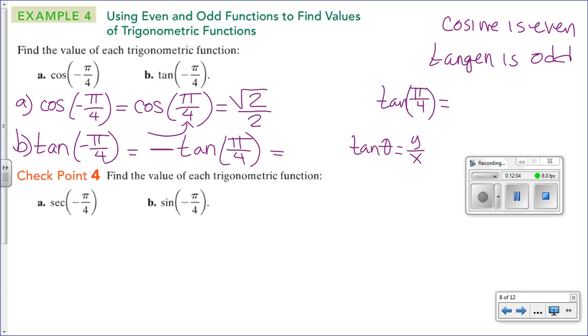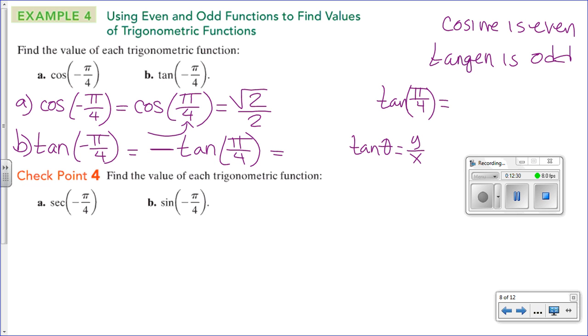So could you tell me, Samantha, what is the y coordinate at pi over 4? Look at your unit circle. Did we write those down, right? Okay. Were you here, Sam? Yeah, okay. Can you guys help her out?